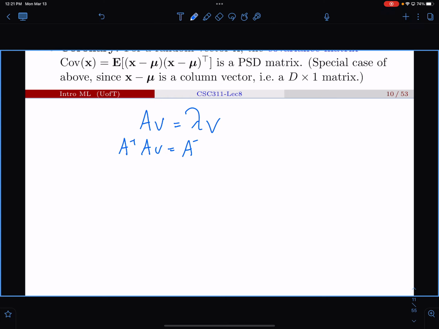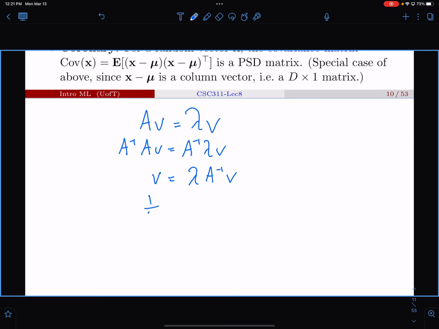We have A inverse lambda V. Lambda is a scalar, which means you can interchange the order, it doesn't really matter. And we have V equals lambda A inverse V. And you can divide both sides through by lambda, right?